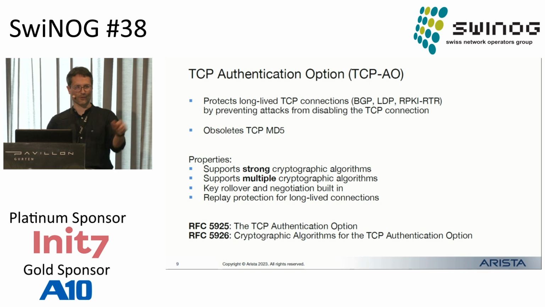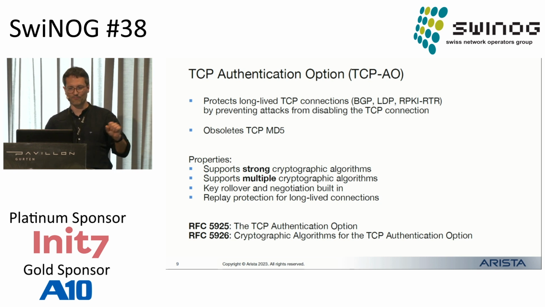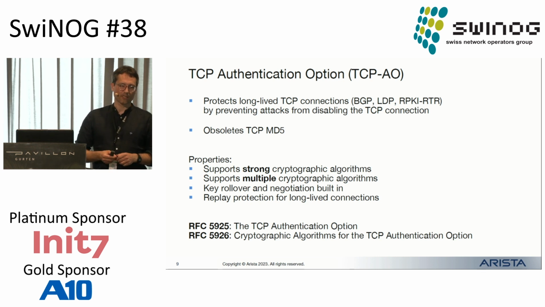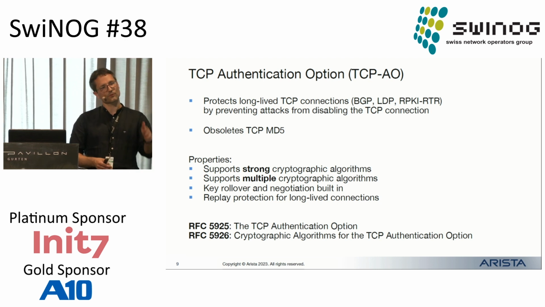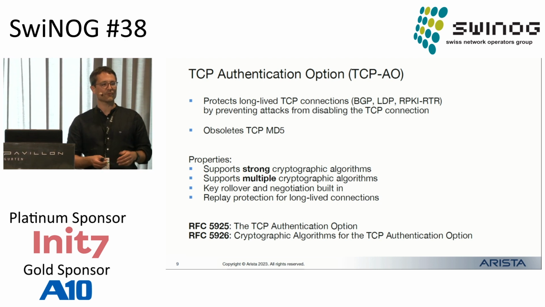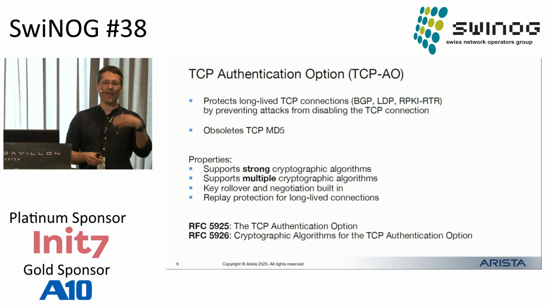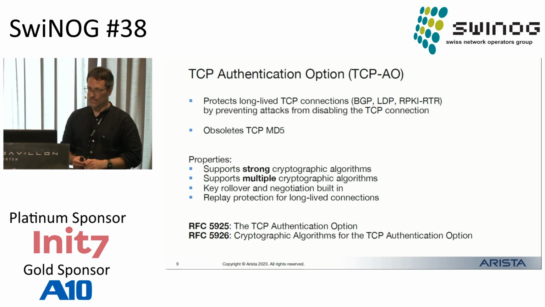And of course, it's one of the first sentences in the RFC: it obsoletes TCP MD5. It supports strong cryptographic algorithms, and multiple of those. So if in 10 years we figure out, or even now we figure out, this algorithm is not good anymore, the protocol is built in a way so we can change that. We can add additional algorithms.